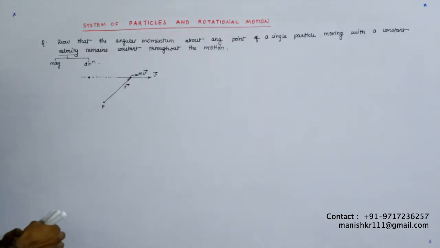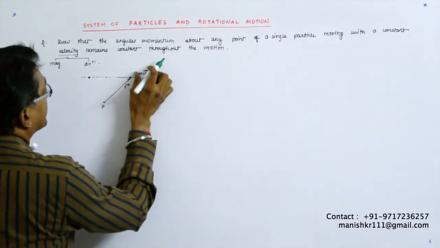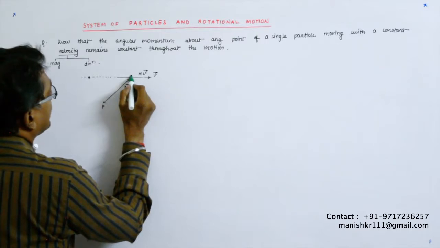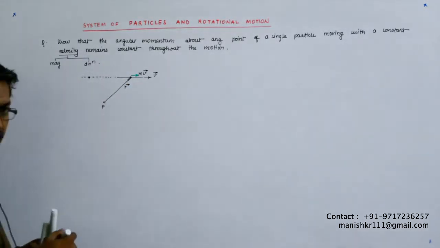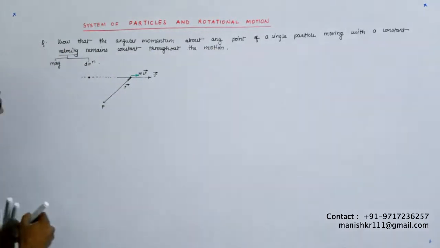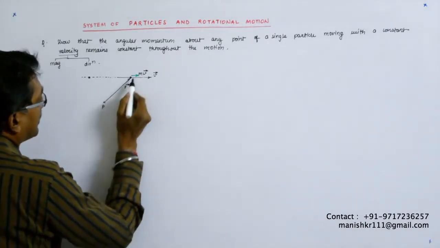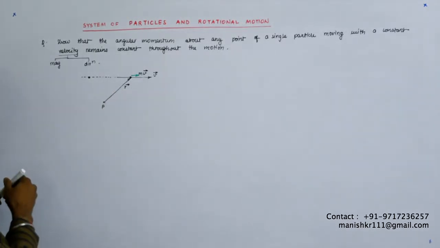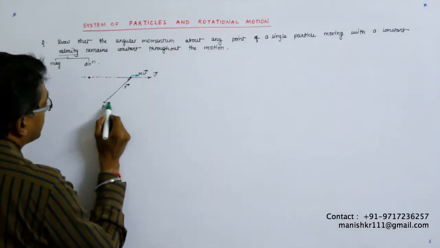So when it is something like this, and there is an mv like this, let me draw this in green. This is my mv vector, and this black one is my R vector. And what is the angle that we'll take? I'll have to shift this green to this point, no?